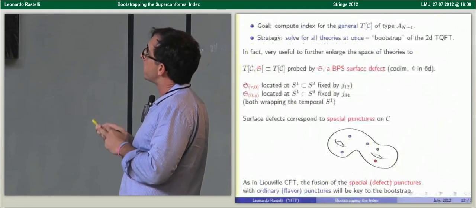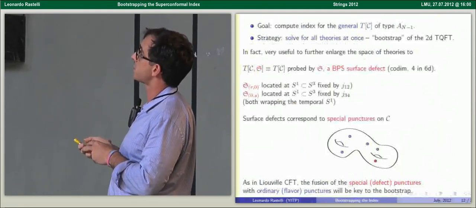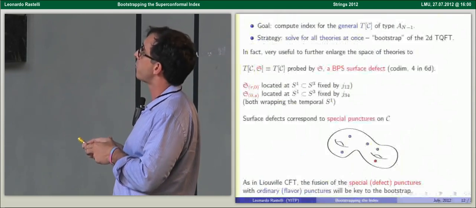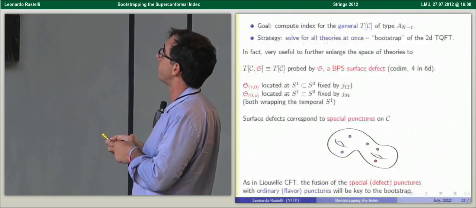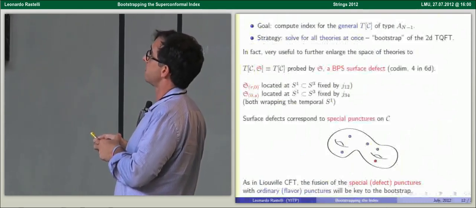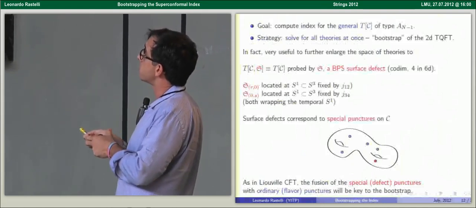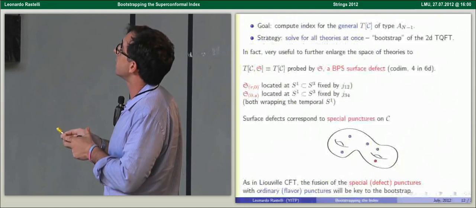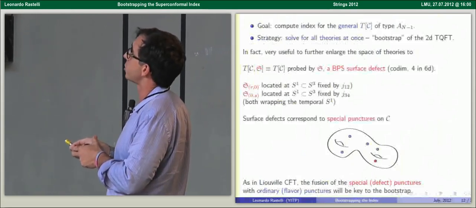And in fact, we make a further generalization. We not only consider theories associated with the surface C, but we further introduce a surface defect, a codimension 2 defect in the 4D theory, which corresponds to a codimension 4 defect in the 6D theory. So being codimension 4 in 6 dimensions, this object, which is in red here, the color coding I hope will be systematic, corresponds to a special new type of puncture on the surface.